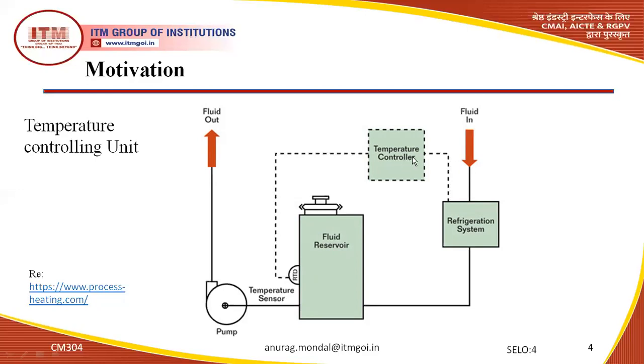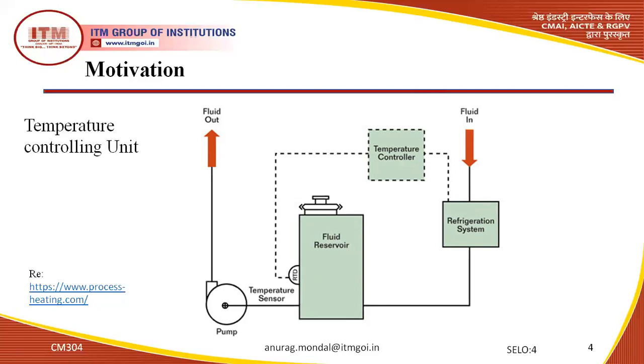If not, then according to that difference, the controller sends a signal to the refrigeration system, which controls the temperature of the fluid input. Now, what is the range of the temperature we need to control over here, or we need to detect over here?